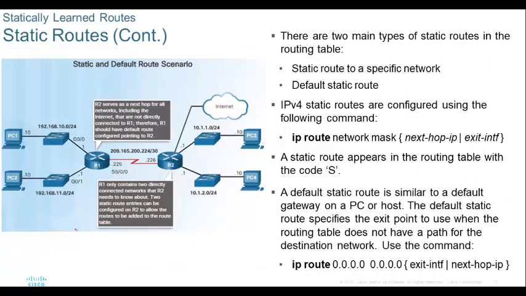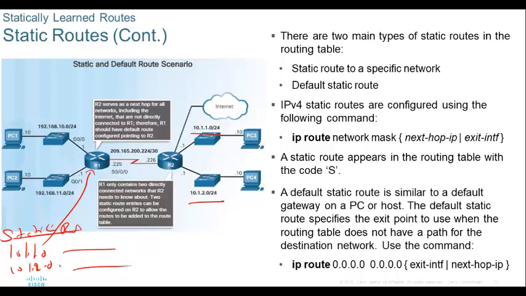On R1, instead of writing two separate lines of static routes for 10.1.1 and 10.1.2, you can write this: ip route, any network.